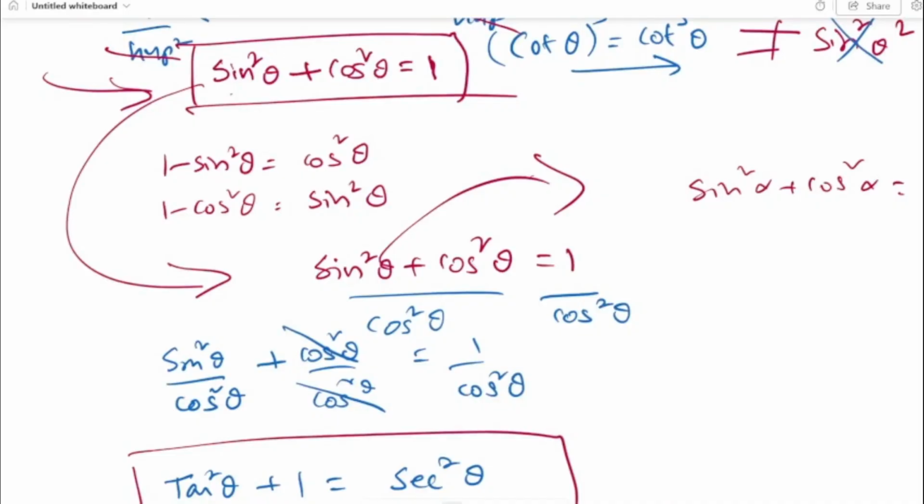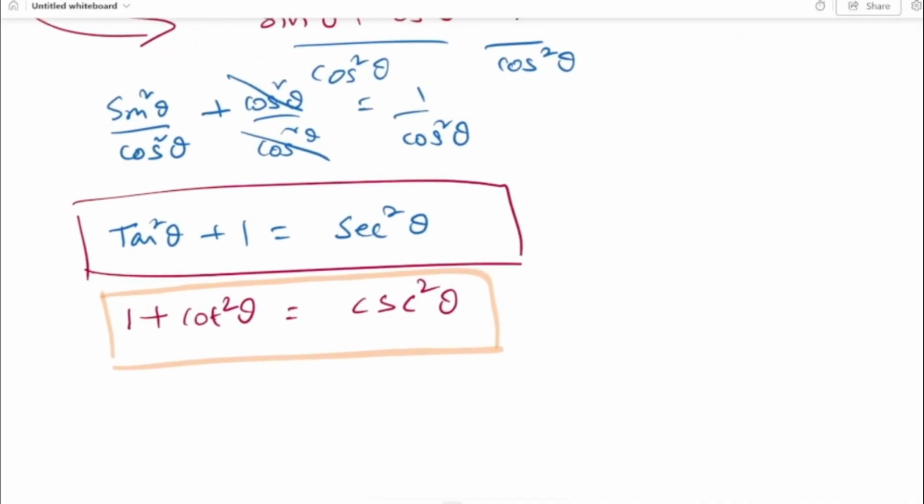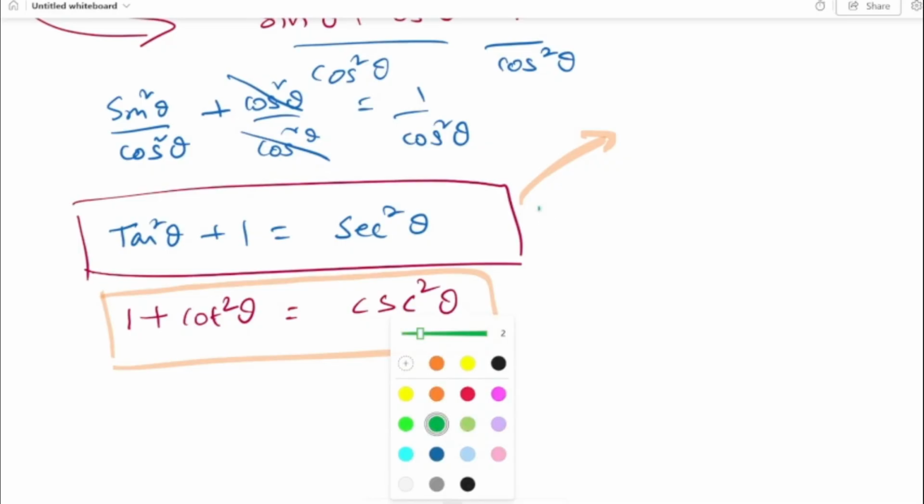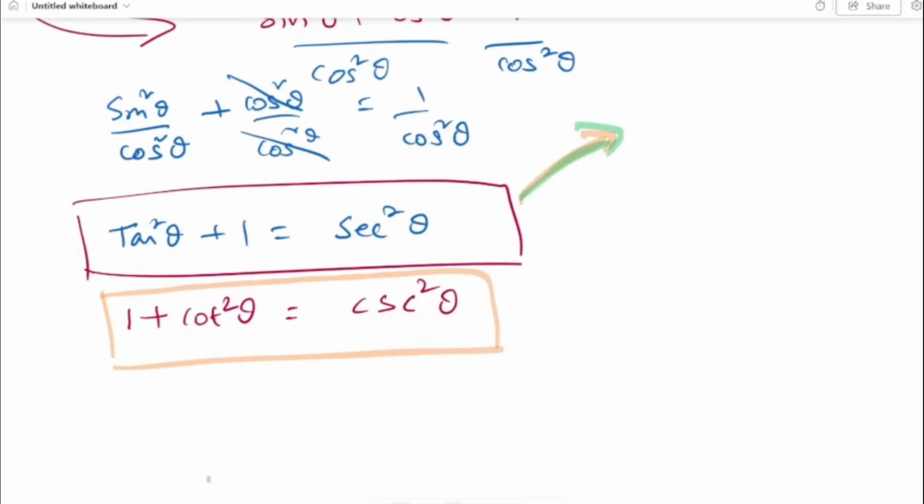Basically, these equations, sometimes we tinker with them. We play around, we move things around. Take this one, 1 plus tan square theta equal to secant square theta. If I move this here, it means I'm subtracting tan square on both sides.